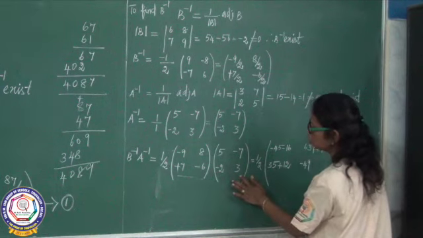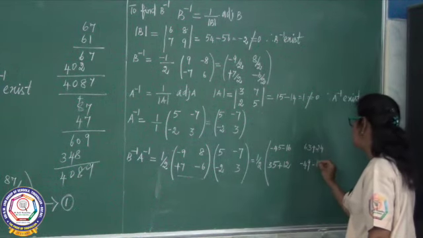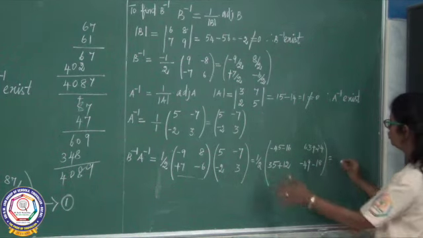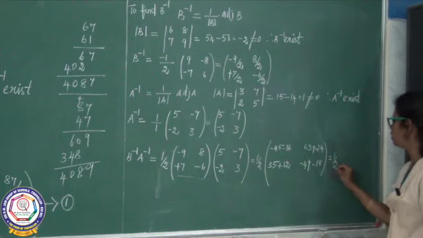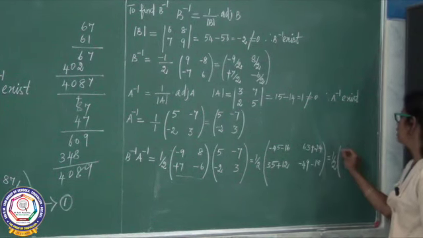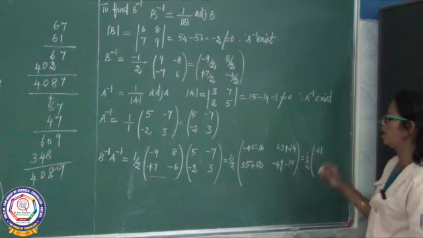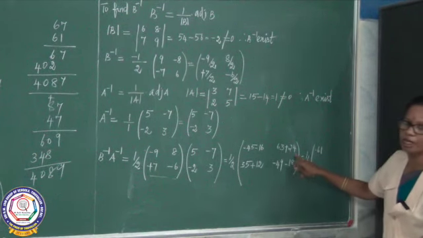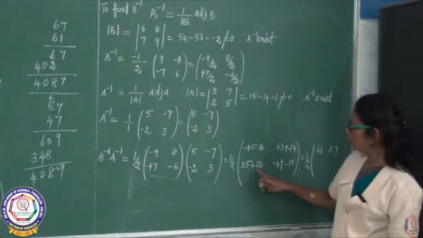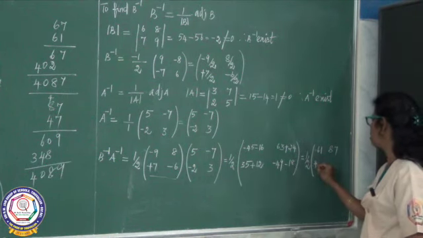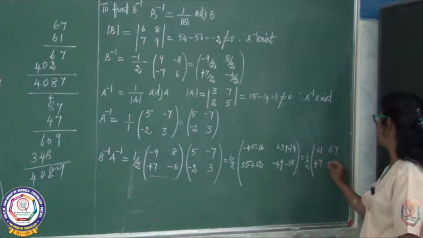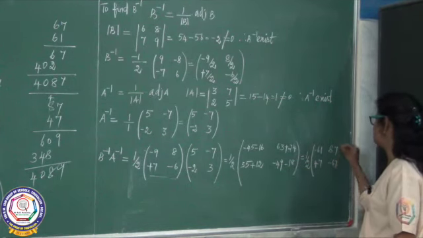Minus 6 into 3, minus 18. The 1 by 2 is common, don't forget to write 1 by 2: minus 45 minus 16, minus 61. 63 plus 24, 87. 35 plus 12, 47. Minus 49 minus 18, minus 67.